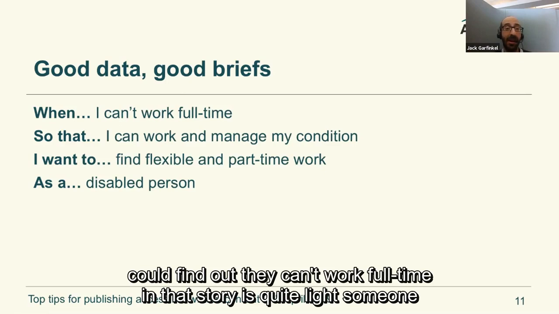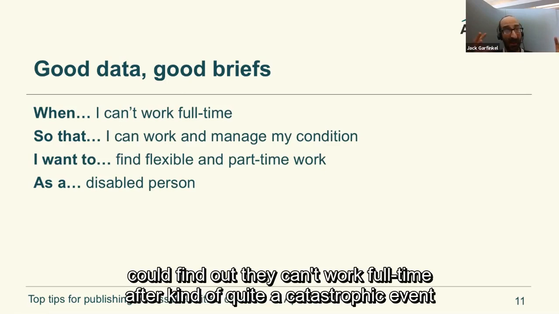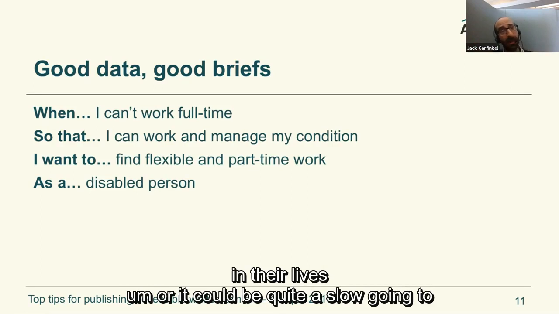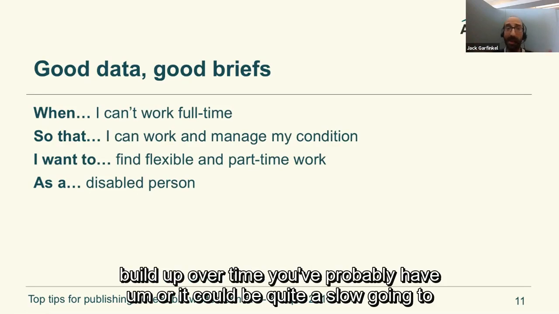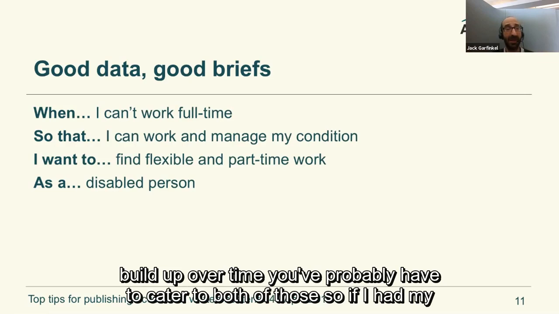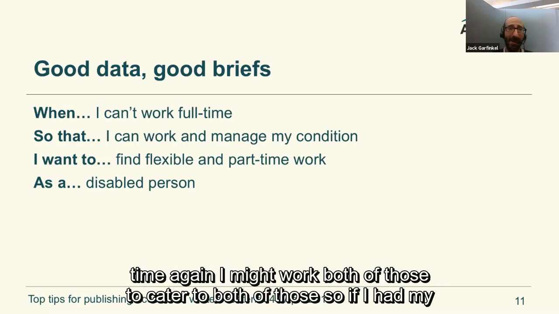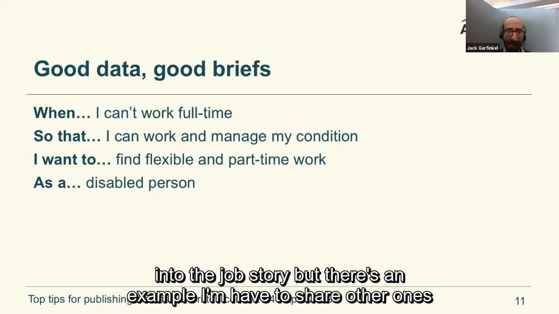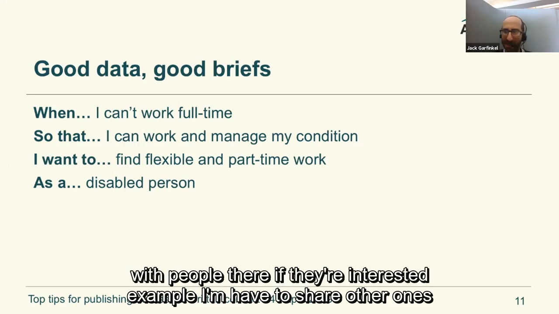Someone could find out they can't work full-time after quite a catastrophic event in their lives, or it could be quite a slow build up over time. You'd probably have to cater to both of those. So if I had my time again, I might work both of those into the job story. But there's an example. I'm happy to share other ones with people if they're interested.